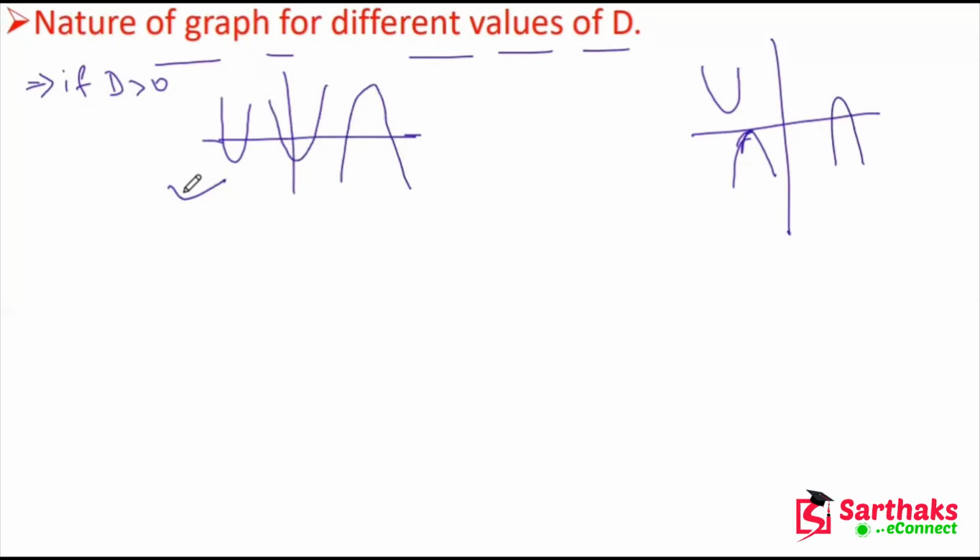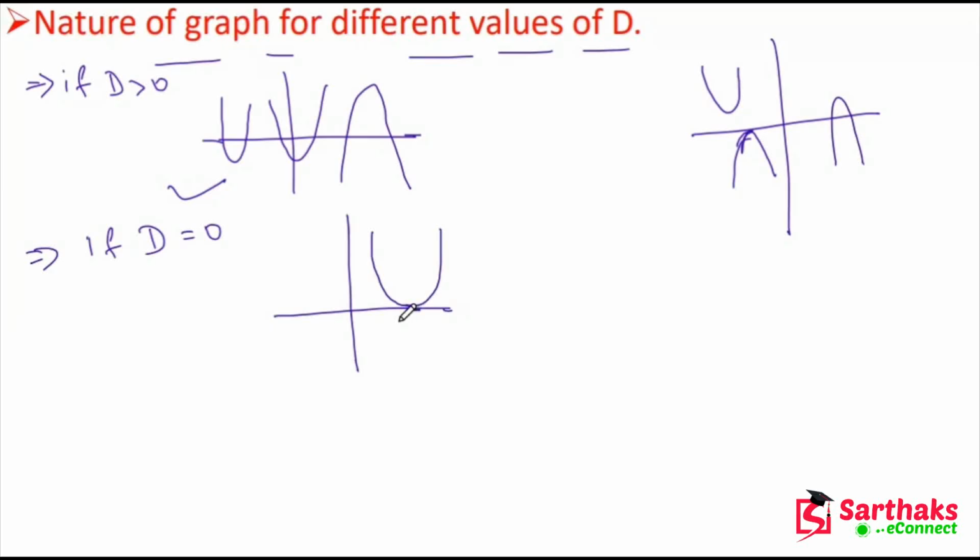Distinct means different. This case is shown in this figure. Now the second case: if d is equal to 0, then the parabola just touches the x-axis at one point, like this. I hope you get this point.